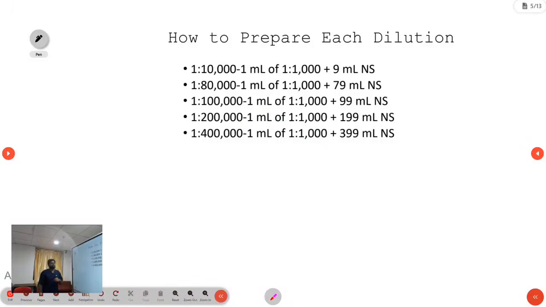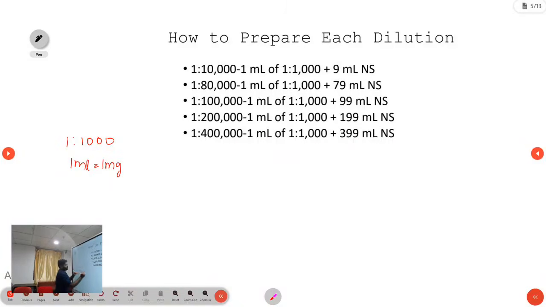Next, coming to how to prepare each dilution. The normal availability, as already discussed, is 1 ml of 1 in 1000 dilution, which means 1 ml has 1 mg. So to prepare a 1:10,000 dilution, we mix this 1 ml, 1 mg of adrenaline with 9 ml of NS and dilute it.